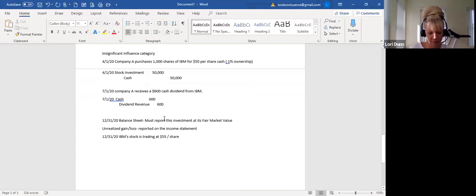Well, Company A is going to go fair market value. The IBM stock will now be the 1,000 shares times $55 a share, 55,000. Right now, the stock investment account only has $50,000 in it, the cost.